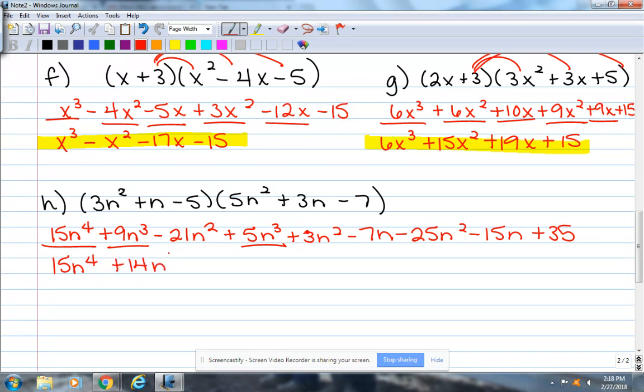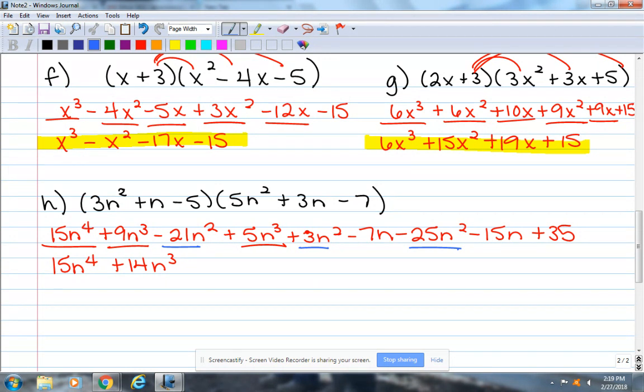And then squares. How many squares do I have? 3. So negative 21n squared. Let me underline them. Let me put them all in blue so we can see them different. All right, what's negative 21n squared plus 3n squared? Negative 18n squared, right? Negative 21 plus 3 is negative 18.